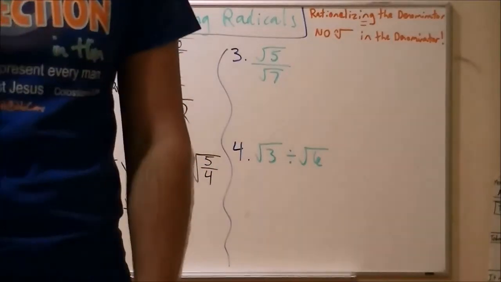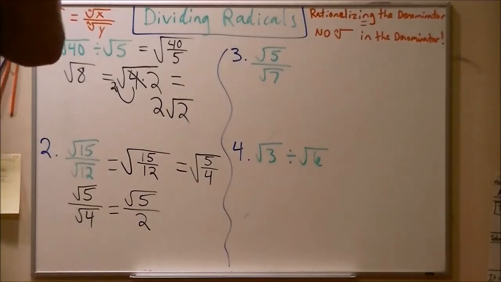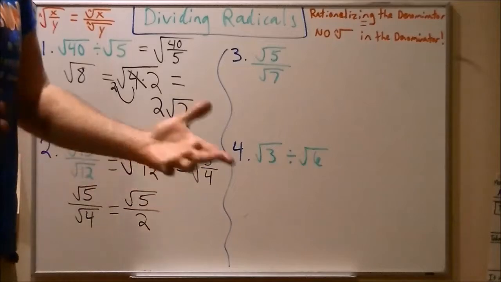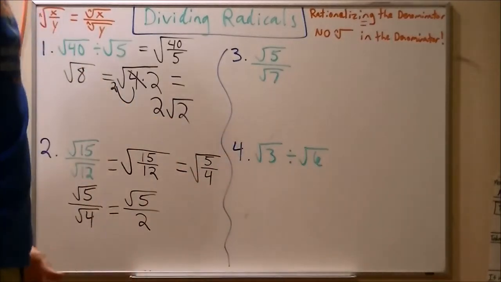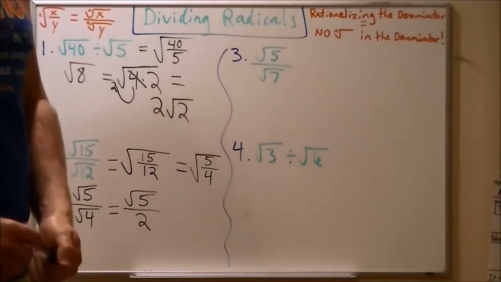Period. Can't have it. Or it's wrong. It's not in standard form the way that it's been written. Now here it worked out well because it just naturally shrunk down into a whole number, no root symbol. Guys, it's not always going to work that way.